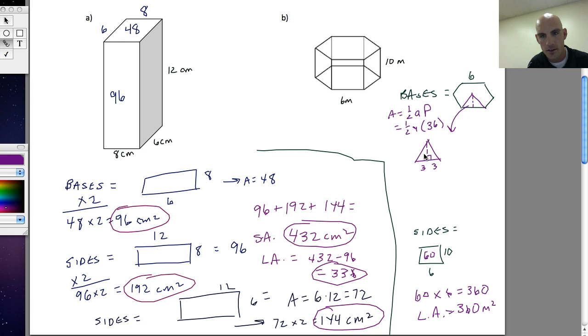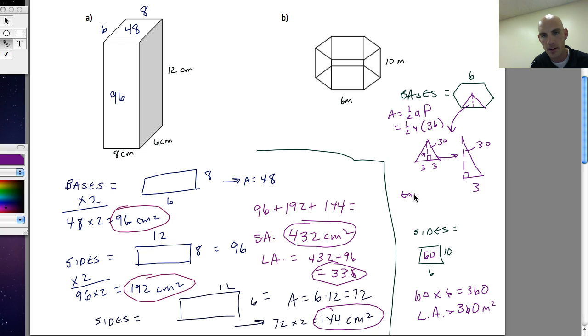This is 90. This is my apothem, and this is going to be a 30-degree angle because its interior angles total 360. I divide by 6 and then divide it in half. And so I've got a triangle that looks like this, right? So this is 30. This is 3.